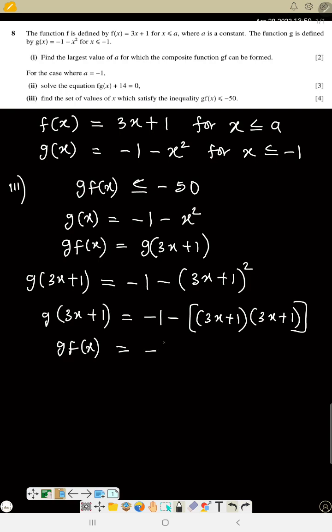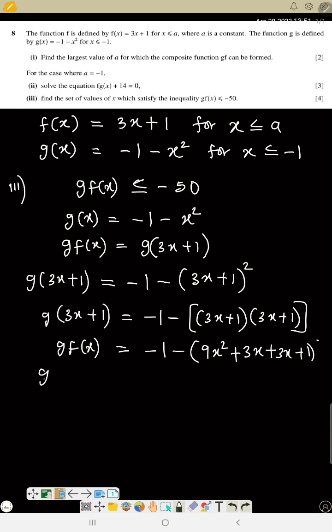So now this is minus 1 minus, now open the bracket. That is 9s squared, that is 3s times 3s. Again 3s times 1, so that is plus 3s. Then plus 3s plus 1, that is 1 times 3s, 3s, and 1 times 1, 1.